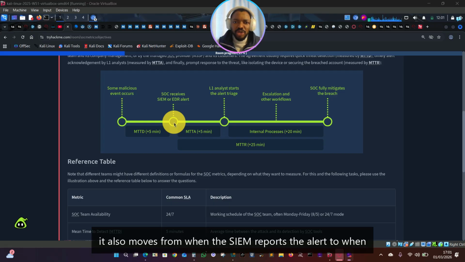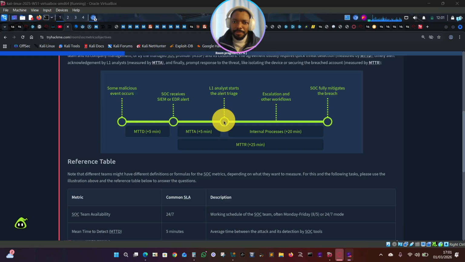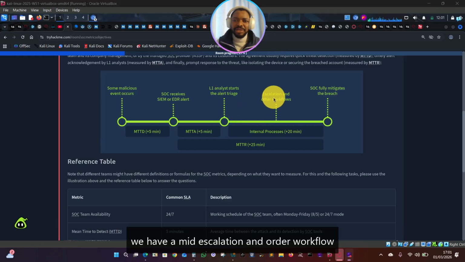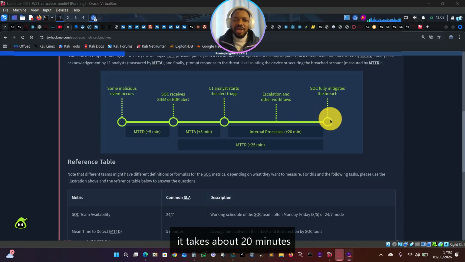Then from there, it also moves from when the SIEM reports the alert to when the L1 analyst on shift picks up the alert to treat it. We have a mid-escalation and order workflow. So from the L1 filtering to the full mitigation, it takes about 20 minutes.